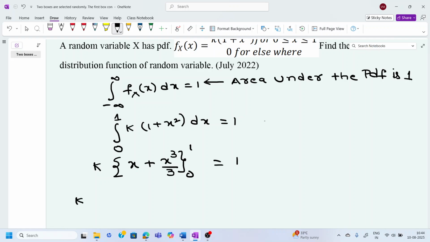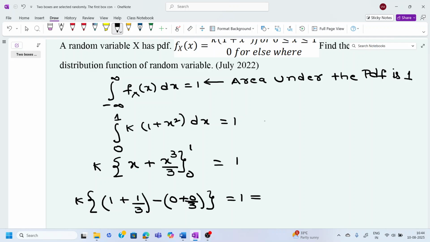So k into, if we substitute the upper limit 1 in place of x, 1 plus 1 cube by 3, which is 1 by 3. If we substitute the lower limit, anyway it is 0 plus 0 by 3.